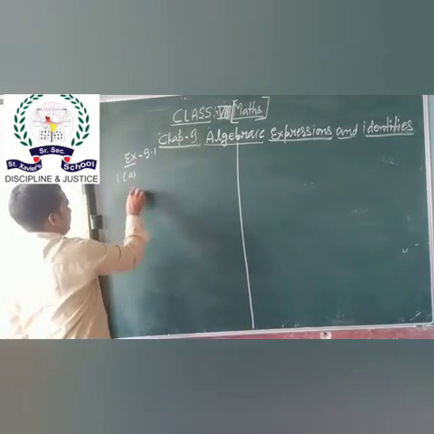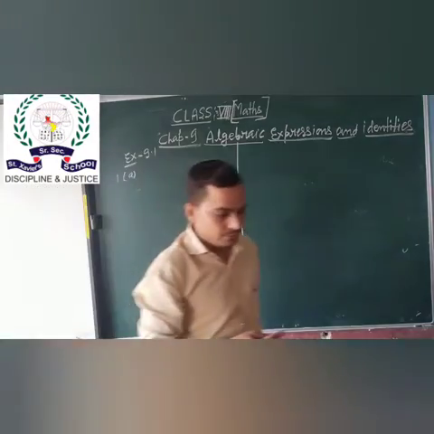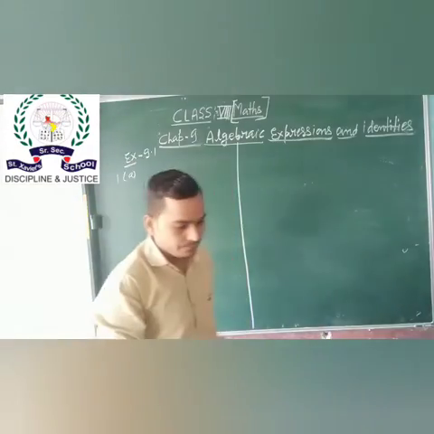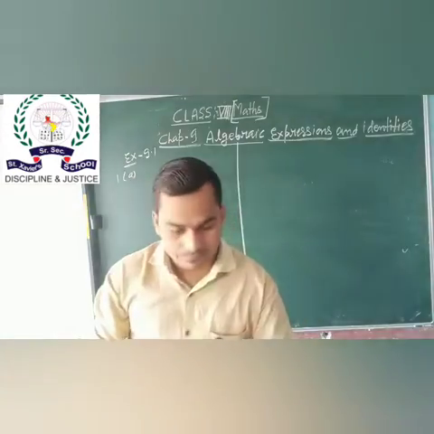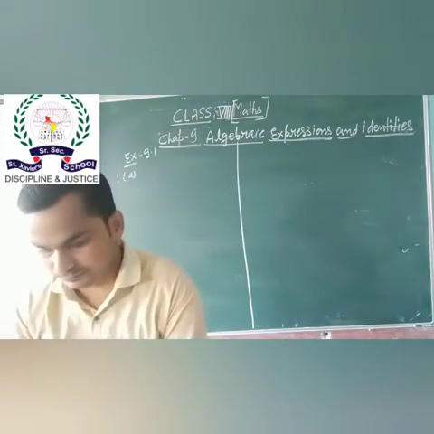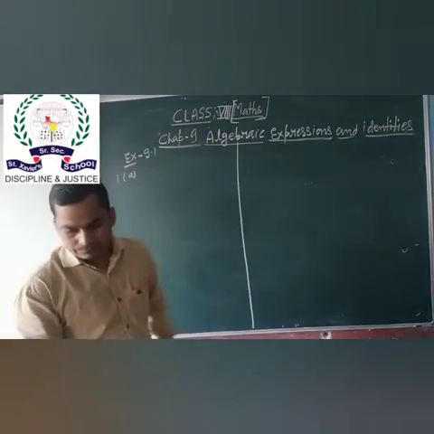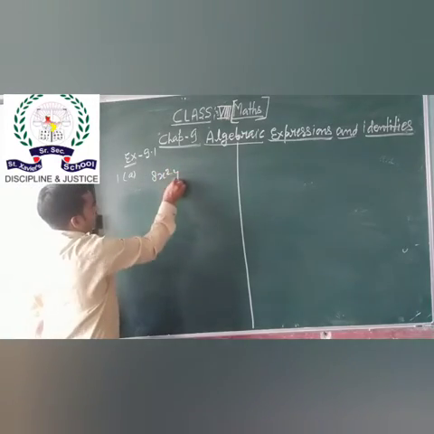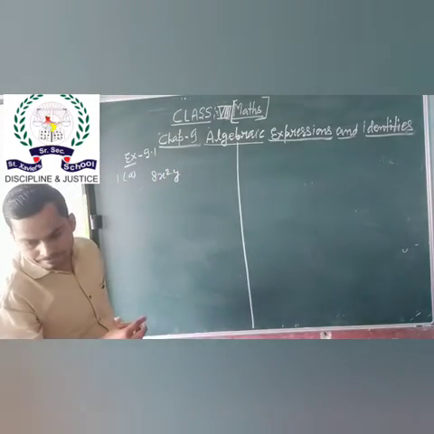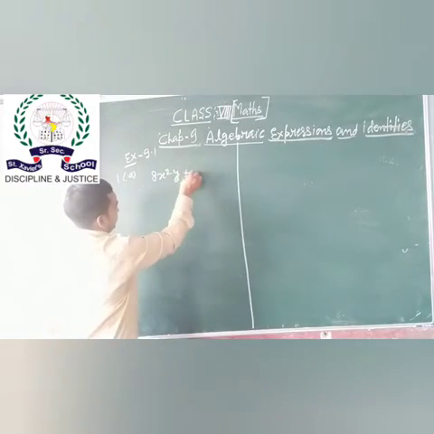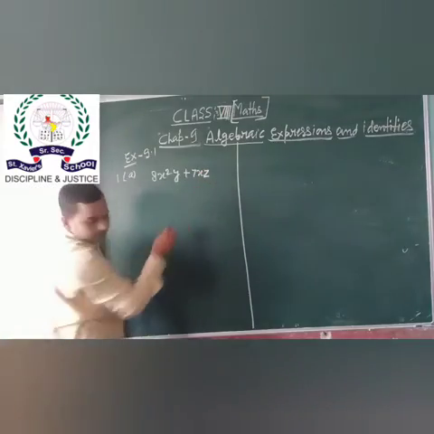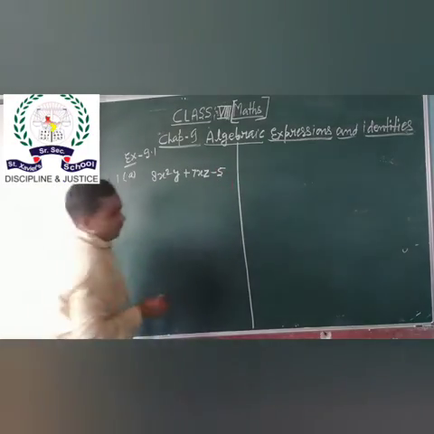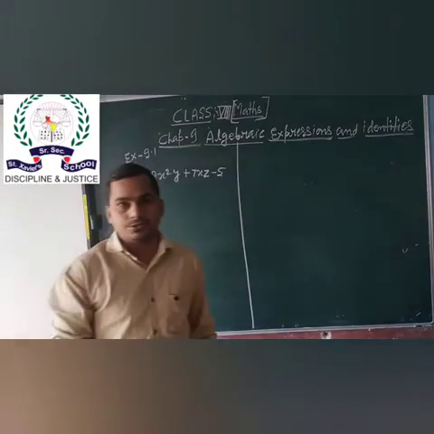Part A. The expression given is 8x square y plus 7xz minus 5, and find out the number of terms.